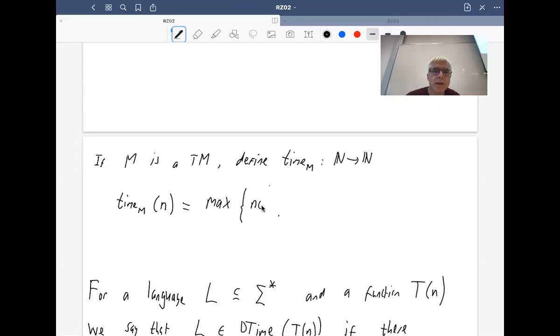the number of steps taken by the Turing machine M on input W. So we require the Turing machine to halt on all inputs.